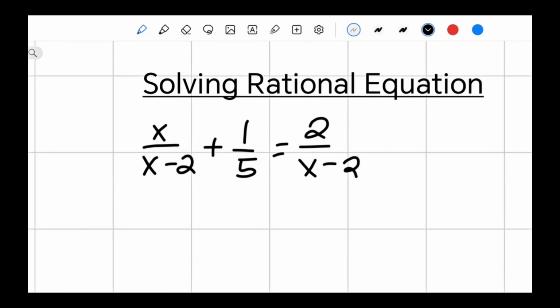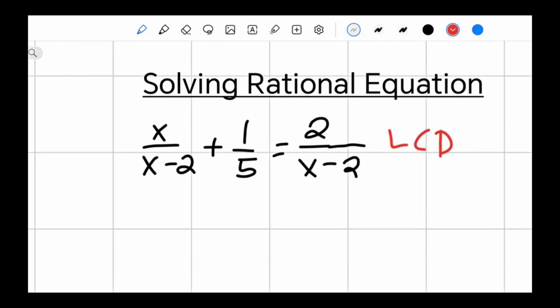Let's do another example. Suppose we have x/(x - 2) + 1/5 = 2/(x - 2). Again, the first thing we need to do is to get the LCD.